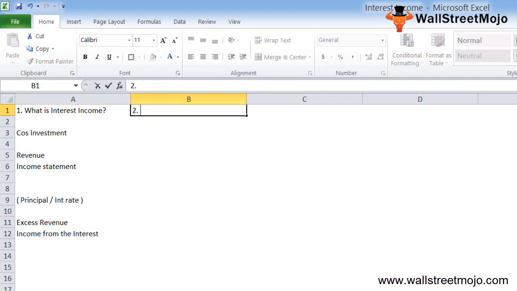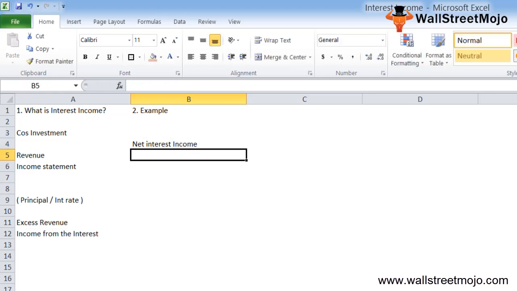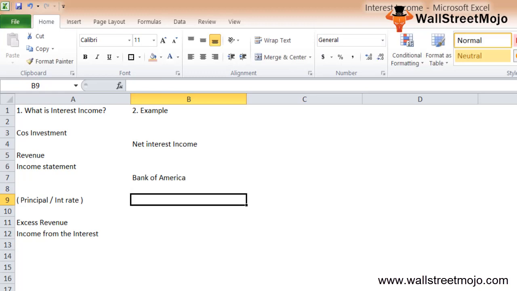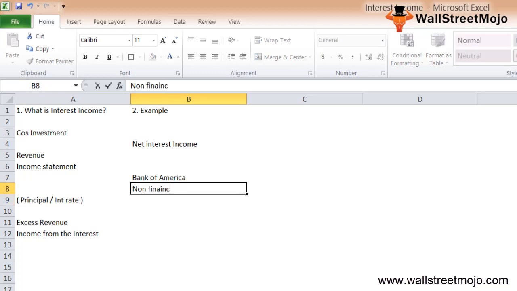Now we will take an example to understand the whole thing. See, there is net interest income. So let's take an interest income example of Bank of America. Banks are the best example for this. Revenue for a bank is different from the revenue of a non-financial company.